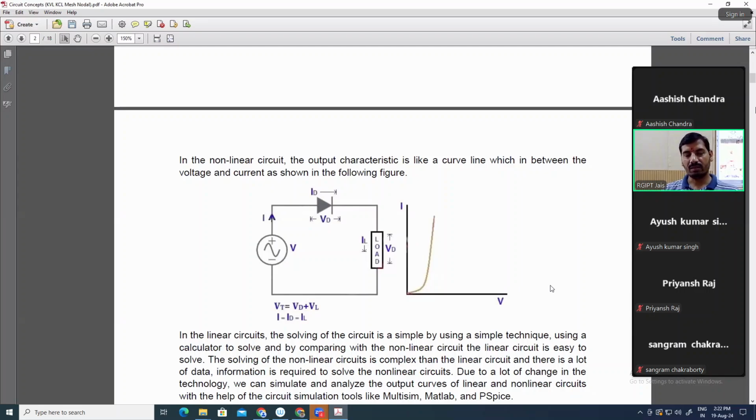That's why the PN junction diode is called a nonlinear element. So when there is a diode in any circuit, that network or circuit is called a nonlinear circuit or nonlinear network.